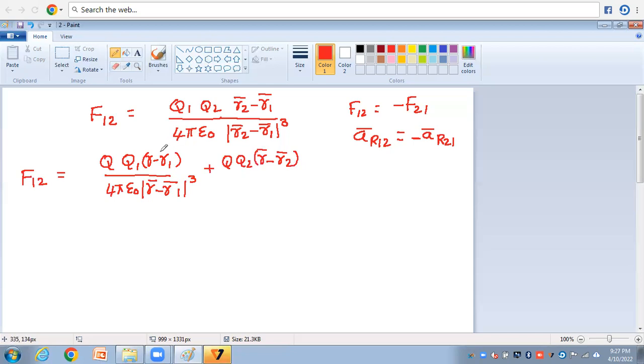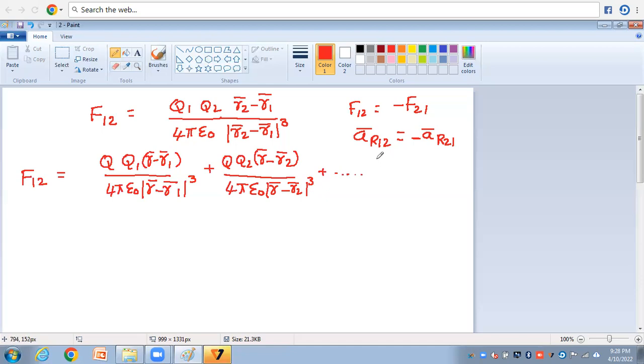You have to write these directions also, otherwise it is difficult to understand on the problematic side. 4 pi epsilon naught into R bar minus R2, this is mod, cube. Then so on.